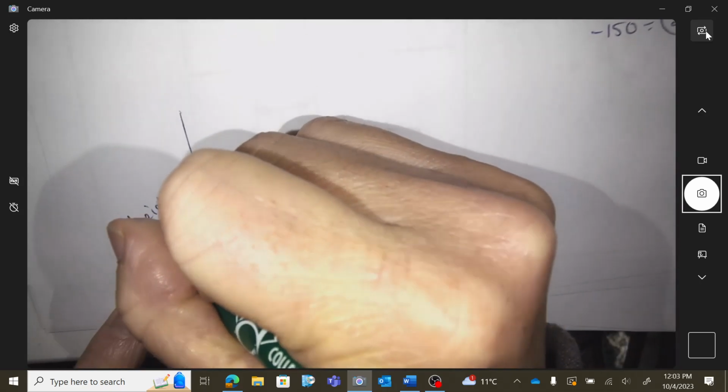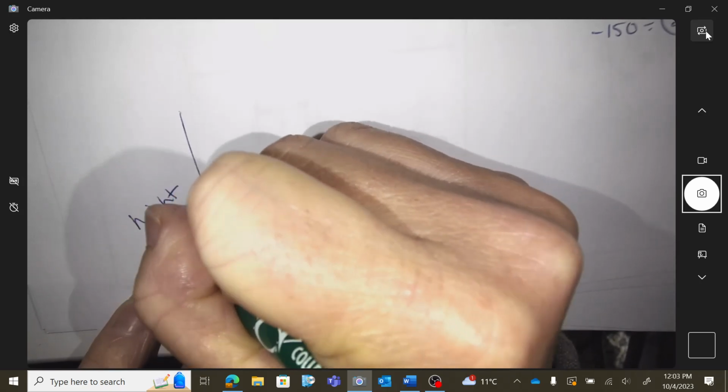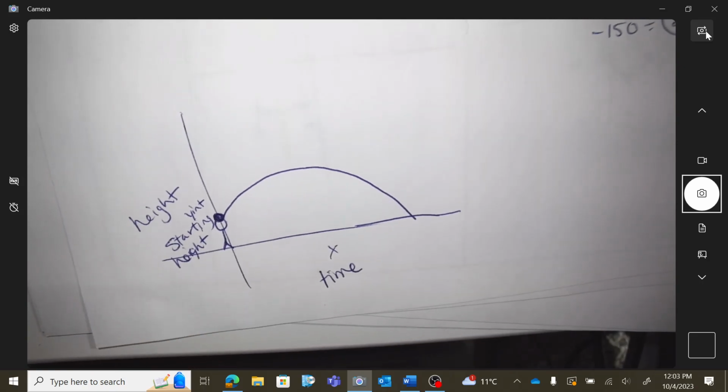The height when you threw it. So I'm going to say the starting height. He said the height when the person threw it. So the starting height. It would actually be your arm extension. So when your arm is extended and you release, what's the height of the ball?